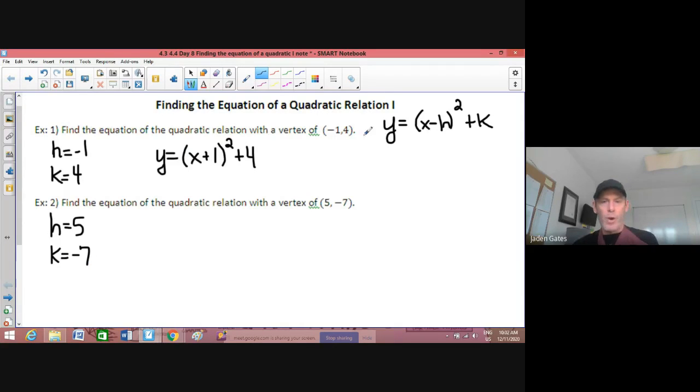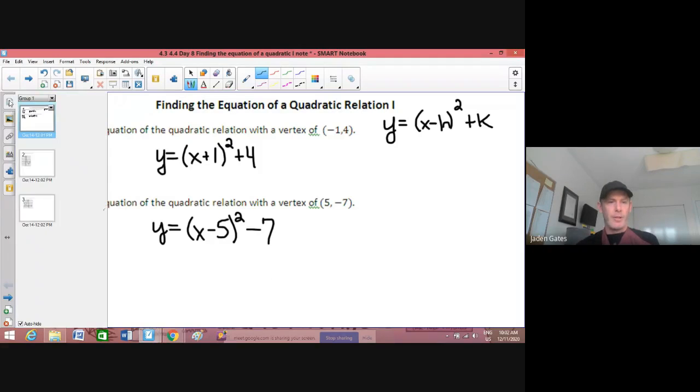And so again, if I was writing the equation, it would be y equals x. This time my h is positive, so it's going to be an x minus 5. That's the trick. All right, so I'm going to have y equals (x minus 5) squared. But again, my k value is -7, so that's normal. And so the equation of this parabola is y equals (x minus 5) squared minus 7.